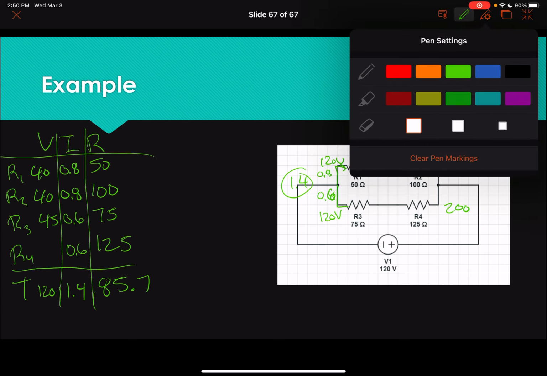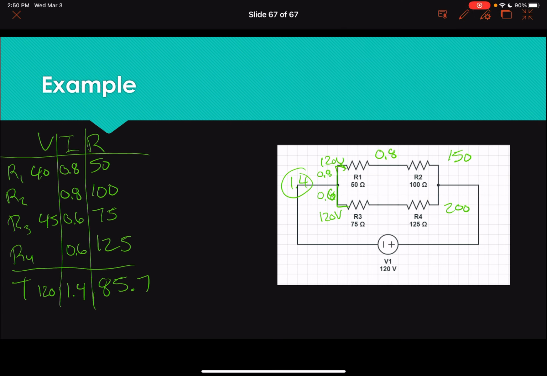And 0.6 times 75 is 45, and then 0.6 times 125 is 75. And that should make sense because each branch gets 120 volts. And so these top two should both have a total voltage of 120. And these bottom two should both have a total voltage of 120 because each branch gets 120 volts.